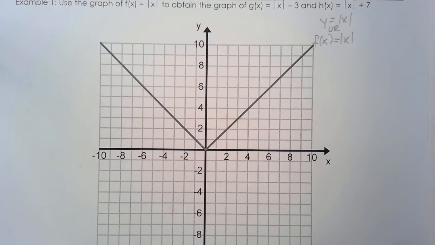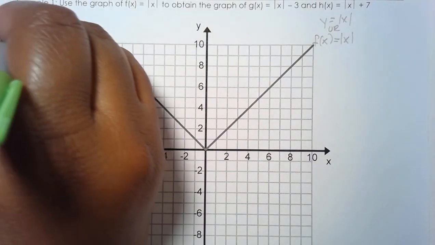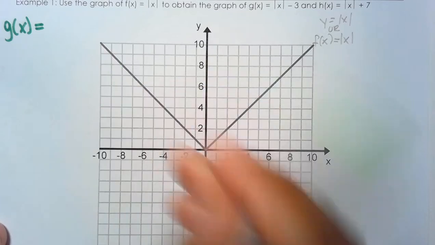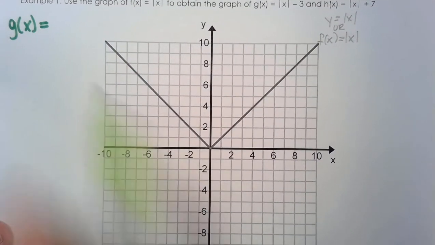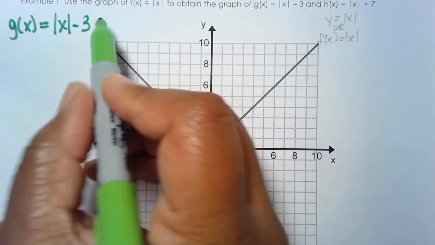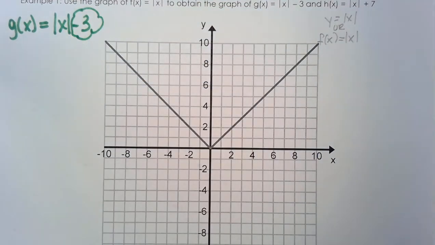So as we look at our first graph, we have here g of x is equal to the absolute value of x minus 3. Well, as we look at the minus 3, this tells you how the graph is going to shift.